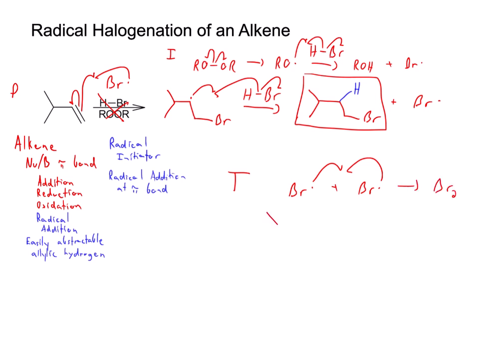We can have that intermediate from the first step of propagation interacting with an OR radical. This will give us another possible termination step, or we can draw any others. Once again, in the termination step, we don't really get a measurable product. It just ends the radical reaction.